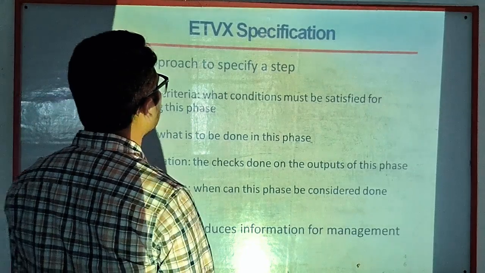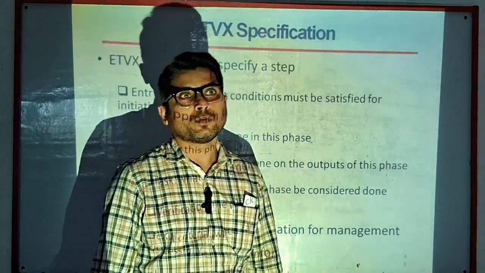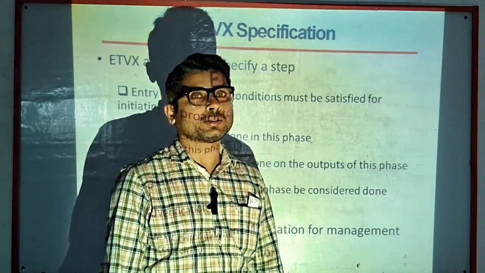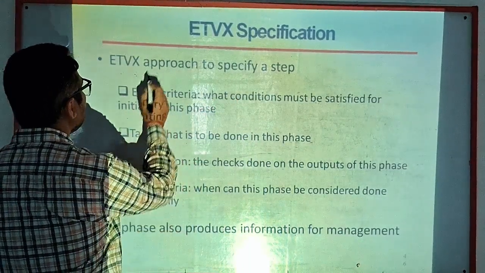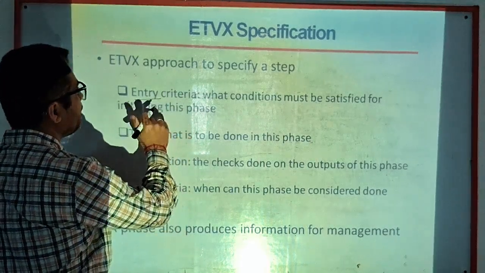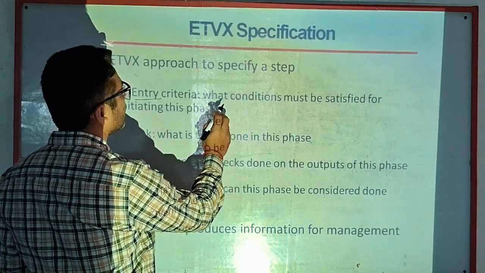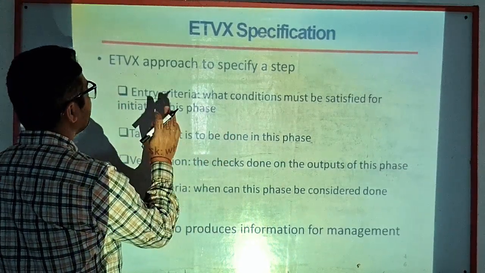Next is the ETVX specification. Now you will say, what is this ETVX? So we will explain that also. E is the entry criteria. So what is the condition that must be satisfied for initializing this phase?